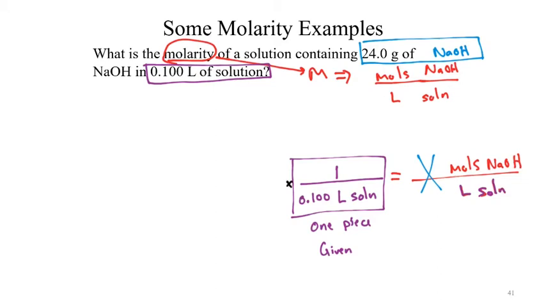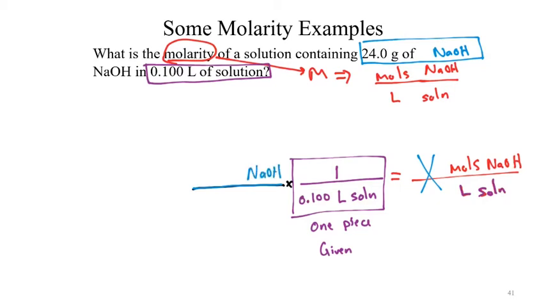The next thing is I want moles of sodium hydroxide in the numerator, right? So I can go back and look at my given information and ask, do I have that? No, I don't. But as a potential, I do have the grams of sodium hydroxide. So I do have that substance showing up.